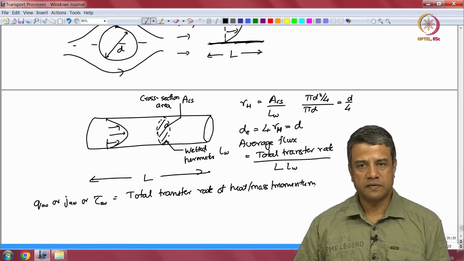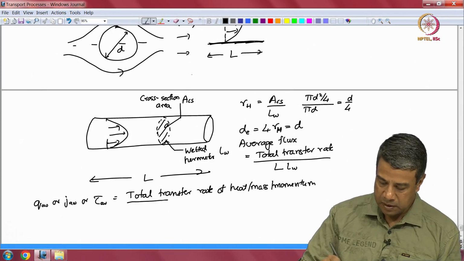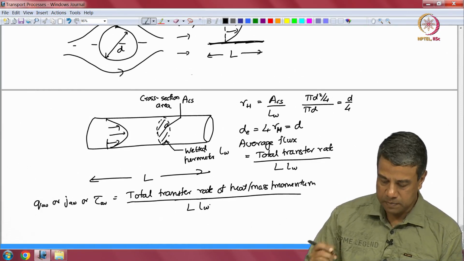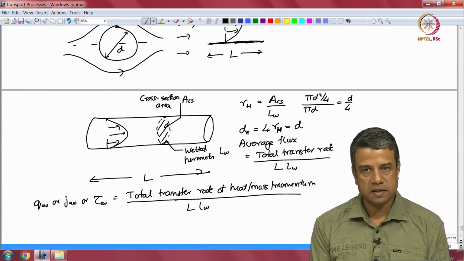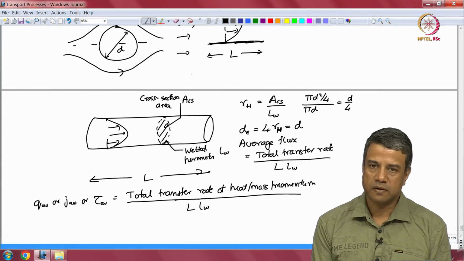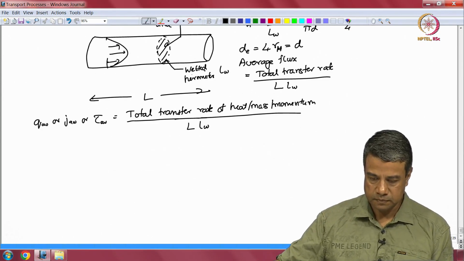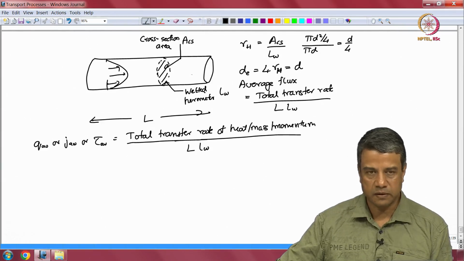Total momentum transfer rate is just the total force that is applied divided by the total area, which is L times the perimeter. So, that is how you define the transport rates for heat, mass and momentum for flow within a conduit. And the characteristic length is the equivalent diameter, which is 4 times the hydraulic radius.